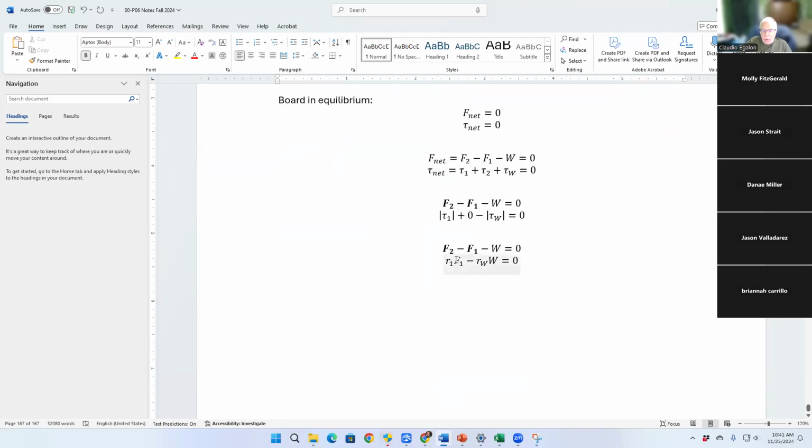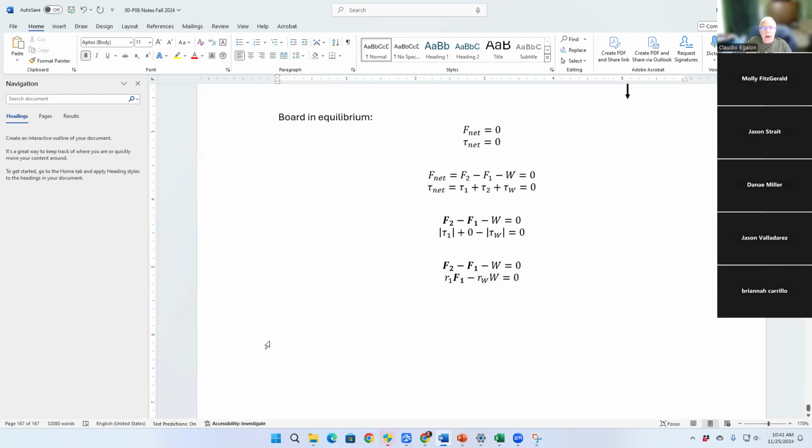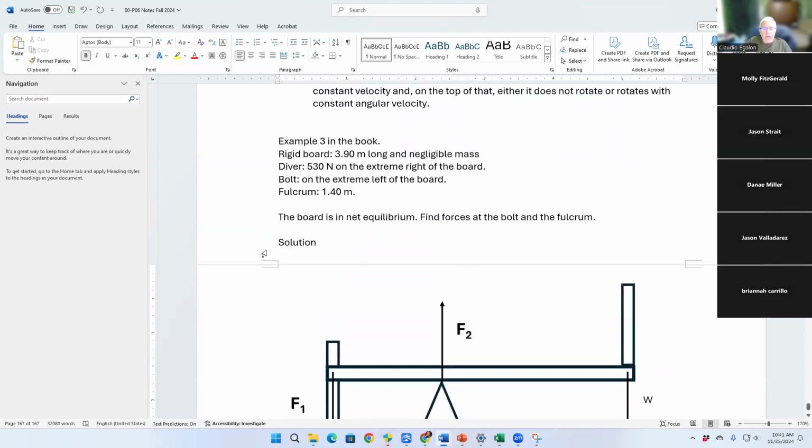Let's see what we do not know. We do not know this guy. I'm going to put it in bold-face. Everything else we know. R1 is going to be the distance of the bolt to the fulcrum, 1.4 meters.